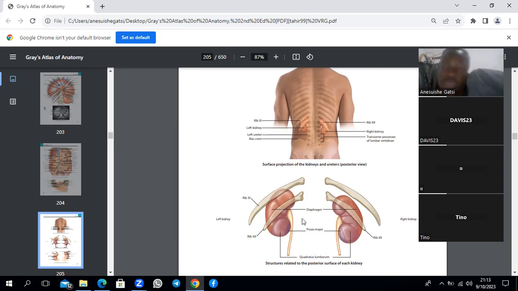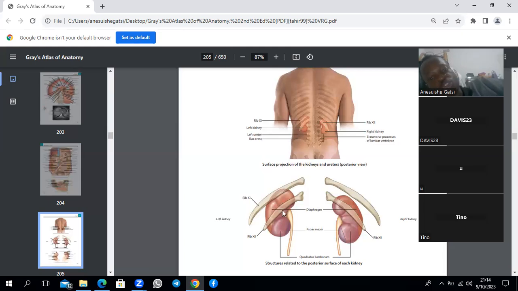So we have relations. Remember I said the left kidney is higher than the right kidney. So in terms of rib associations, look at the left here. This is the left kidney that is being shown.